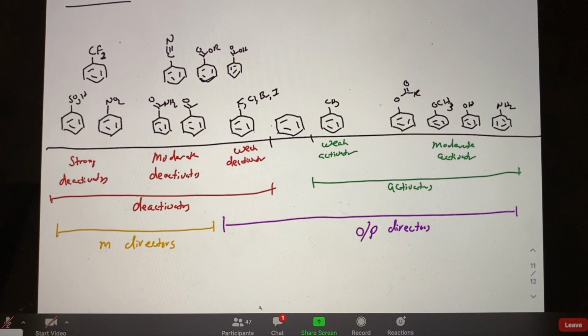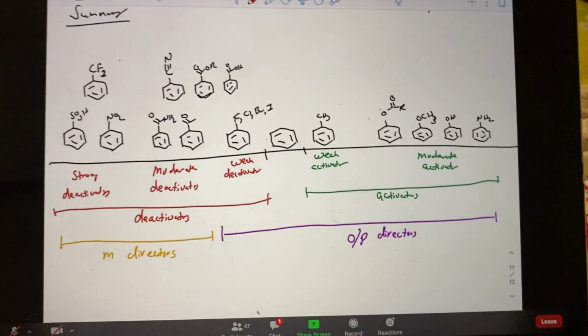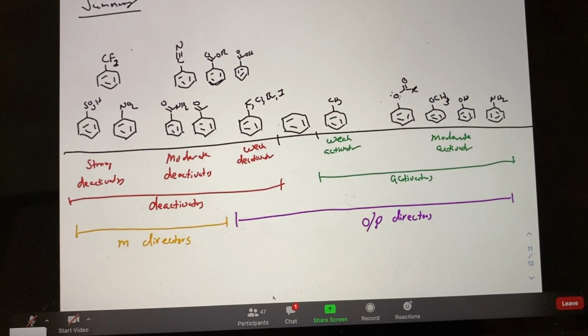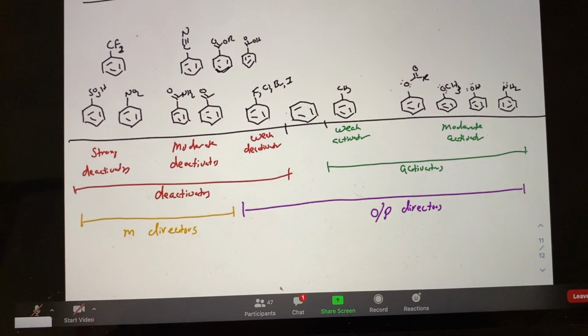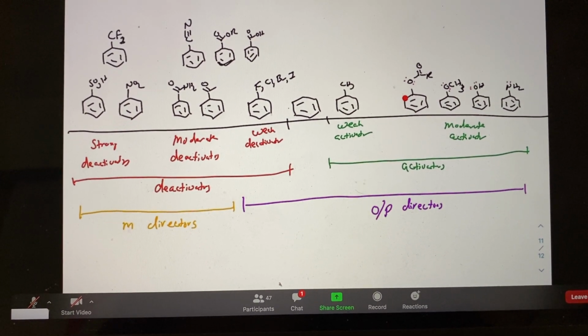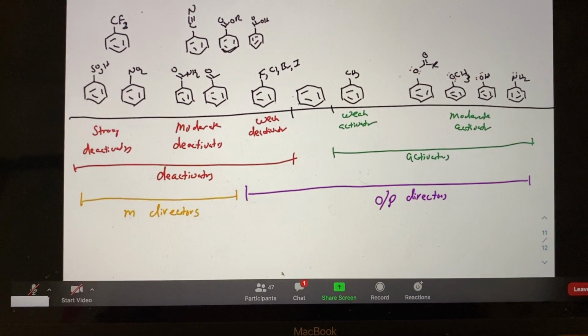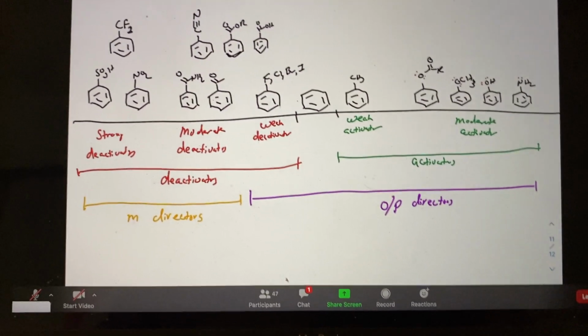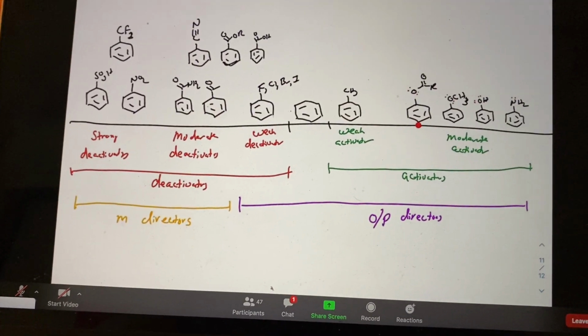And I think this was your question, Hannah, perhaps, is that all of these groups here have at least one lone pair of electrons that can be donated into the ring to help in resonance stabilization of the carbocation intermediate. And it'll participate directly in resonance stabilization when a group is added at the ortho or the para.